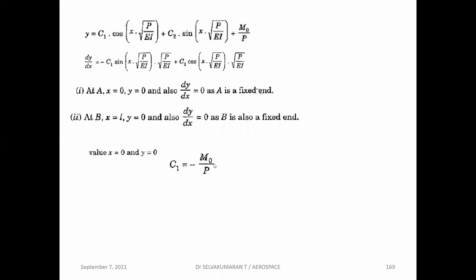So C1 you will get as minus M naught by P from the deflection equation. Then from the slope equation, X is 0, sine 0 is 0 and cos 0 is 1, and dy by dx is 0. So 0 is equal to C2 into root of P by EI.